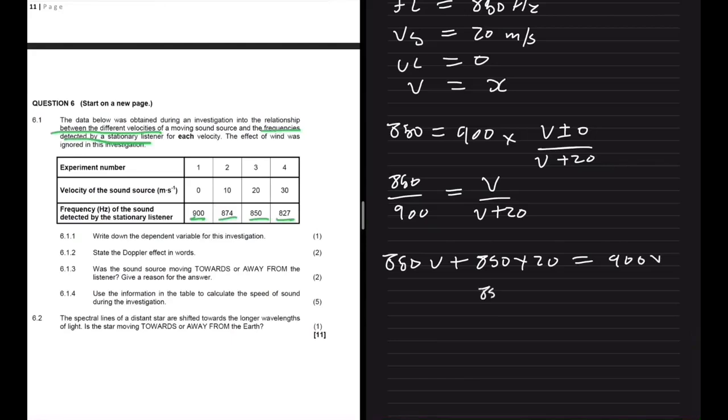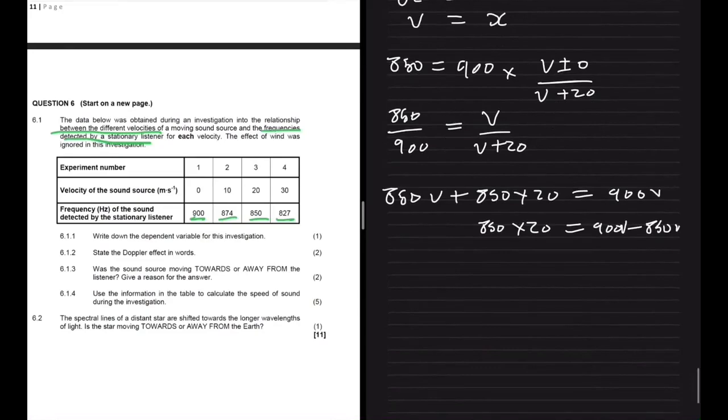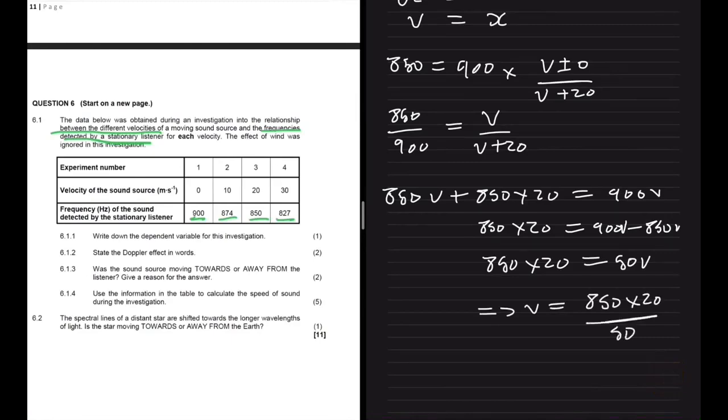We get 850 multiplied by 20 equals 900V minus 850V, which is just 50V. Divide both sides by 50. This implies V equals 850 multiplied by 20 divided by 50.